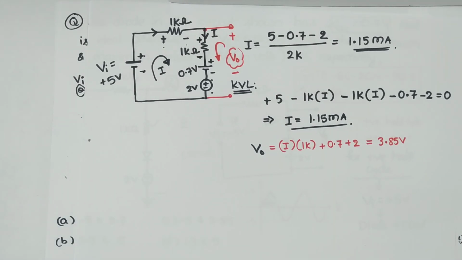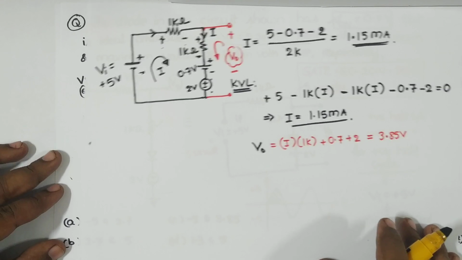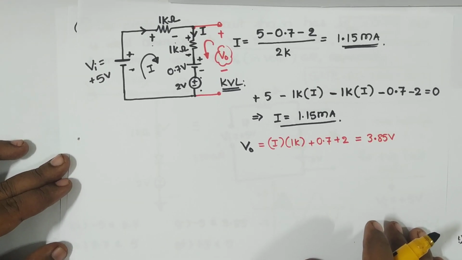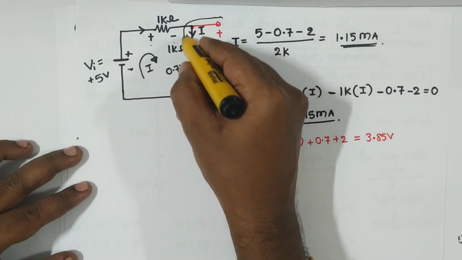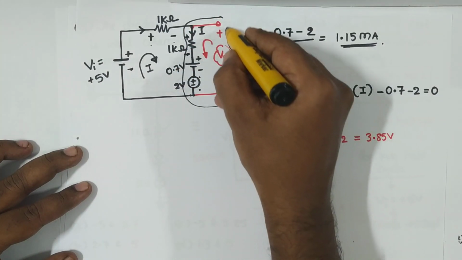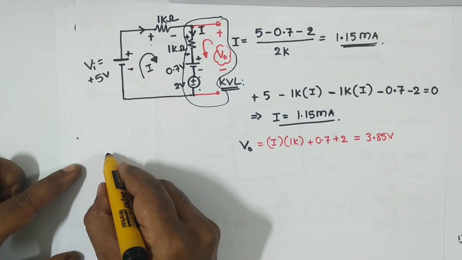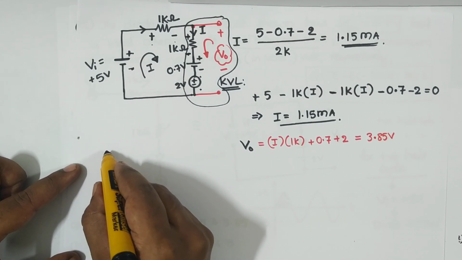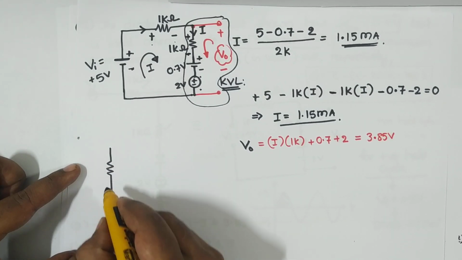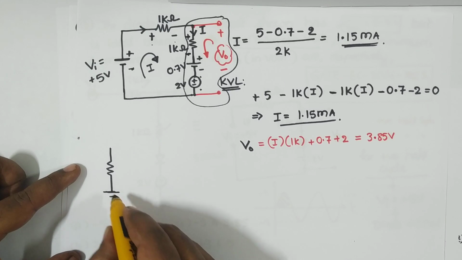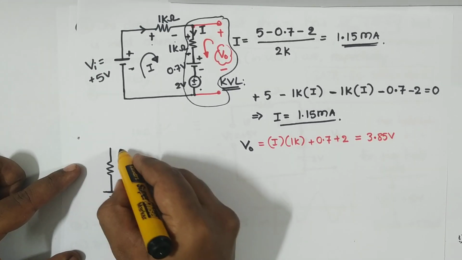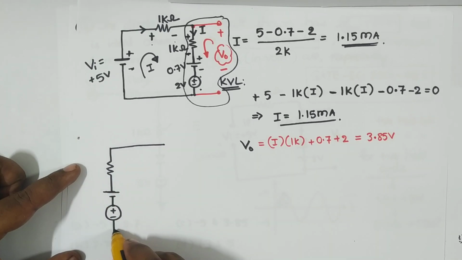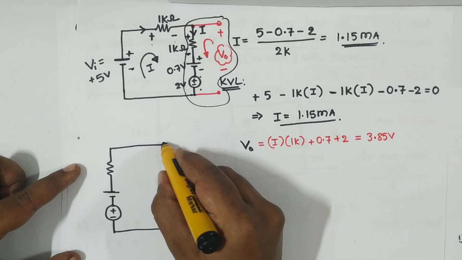Okay, otherwise if you have doubt, newcomers or any second year or first year students, if you have doubt in solving this, let me take this part of my circuit. This part of my circuit, you can just play with your circuit. Circuits are fabulous, and they really help us in solving things. So yeah, and I have V naught like this.